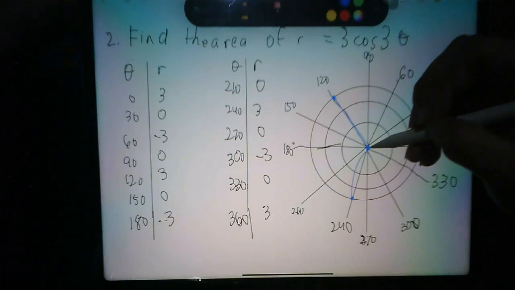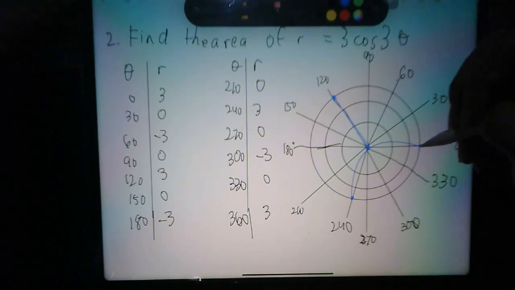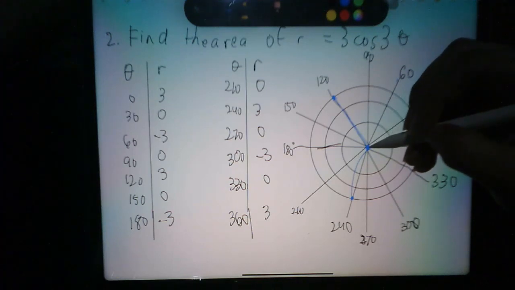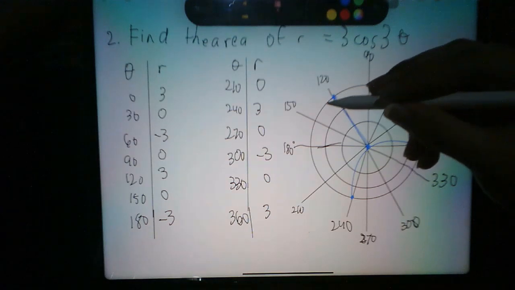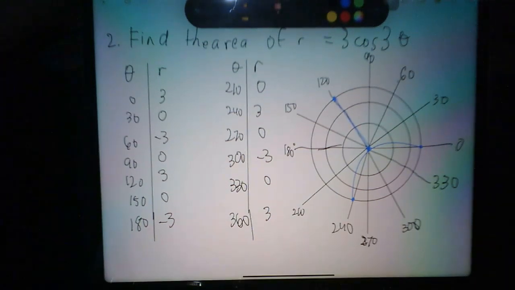This is 0. 180 is negative 3. Let me get my cell phone here, and we use our GeoGebra to double check.